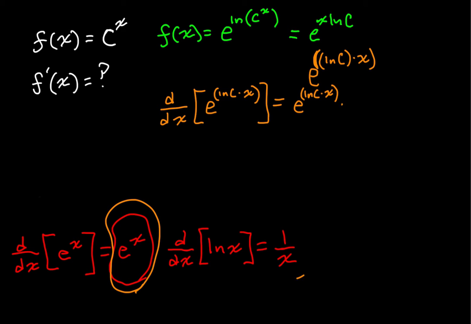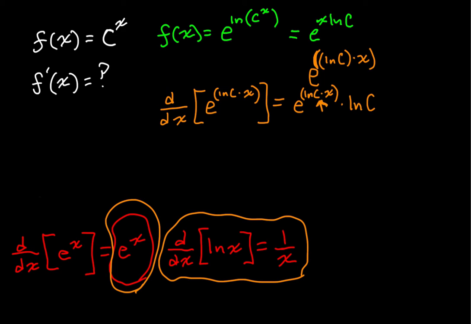And I pulled this up here because it's kind of interesting, but it's not actually going to be used here because since natural log of c is just a constant, this inner function is really just linear. So the derivative is going to be the slope of that line, which is going to be natural log of c. So there's another way we can simplify this.